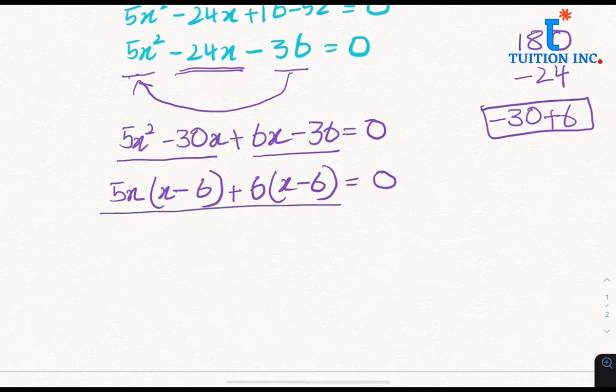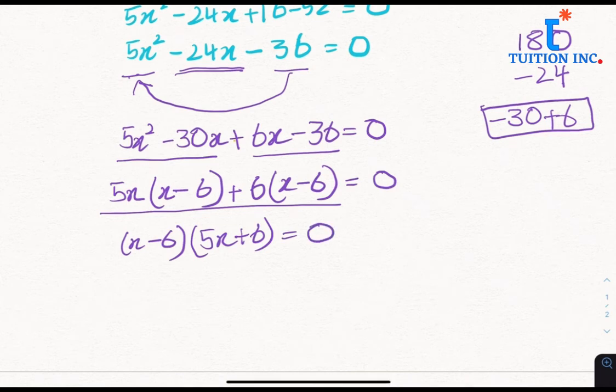Now in this larger expression, x minus 6 is common. So we have x minus 6 taken out as common. And here we write 5x plus 6, which is the left behind part of the equation. So x minus 6 multiplied by 5x plus 6 equals 0.